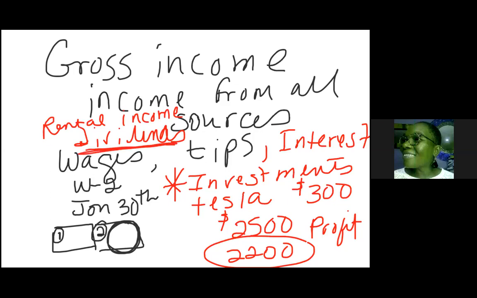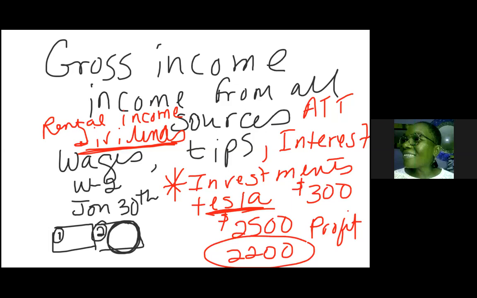This is money that is paid out to you for owning certain companies that pay dividends, like AT&T is one of those companies that pays a dividend. They pay $2 a year. So if you own 100 shares of AT&T, during the year, you could make $200 in dividend. So you would have to report that.